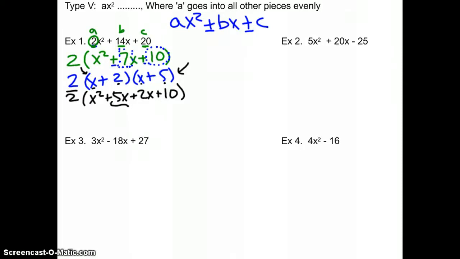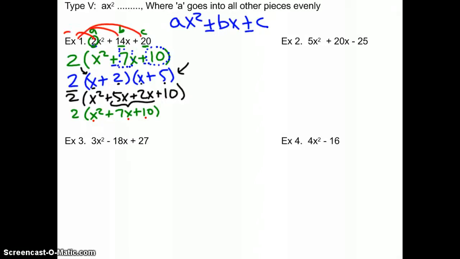Now I can combine my like terms. When I combine my like terms, it leaves me with x squared plus 7x plus 10. So far, so good. I carry my 2 down, and when I multiply the 2, I distribute it to each one of these terms. I distribute the 2 because I undistributed it back here.